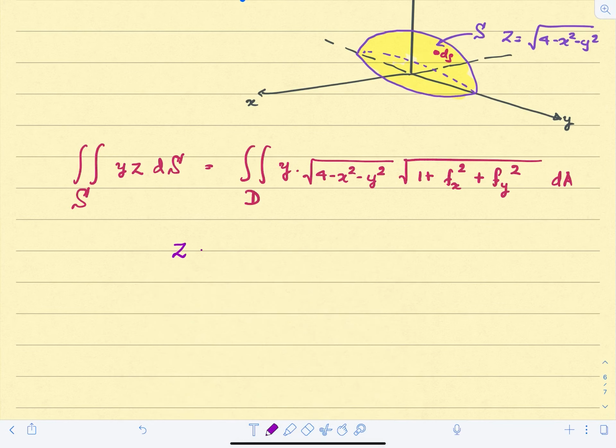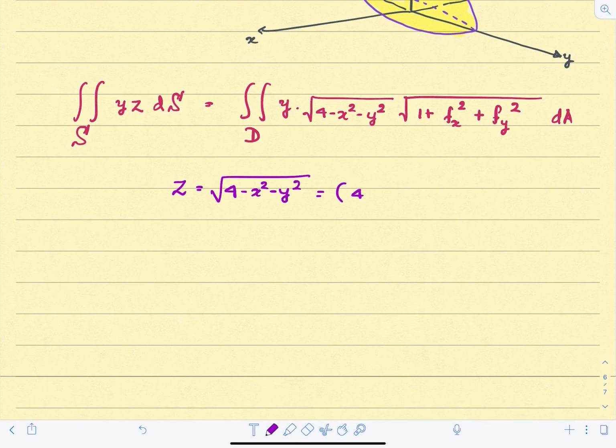We know that z equals the square root of 4 minus x squared minus y squared. We can think of this as 4 minus x squared minus y squared to the power 1/2. This is your f.